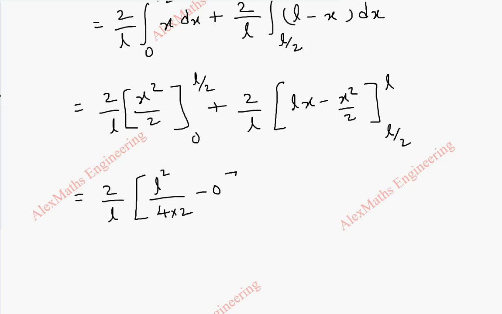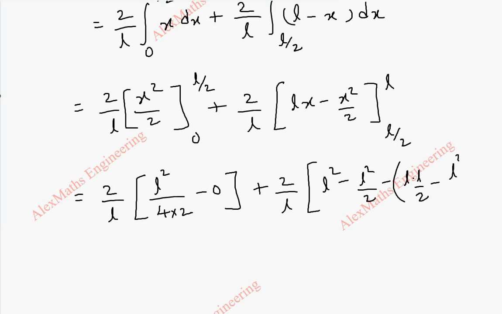Lower limit is 0. Now 2 by L, when I put L here, L into L, L square, this is L square by 2, minus when I put lower limit, already L, then L by 2, minus L square by 4, and there is a 2, so it is L square by 8. So even this term, we could have written directly L square by 8, because already denominator 4 and there is a 2, so L square by 8.